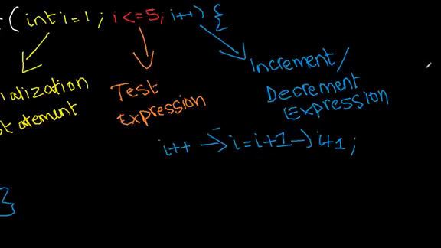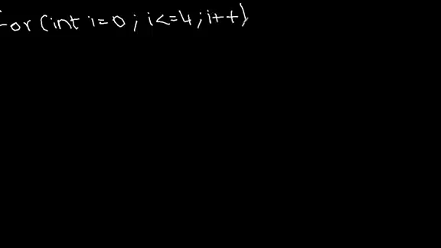Let me go into an example so that you guys can understand a little better. Let's say I write this loop: for (int I = 0; I <= 4; I++), and I write here System.out.println(I).